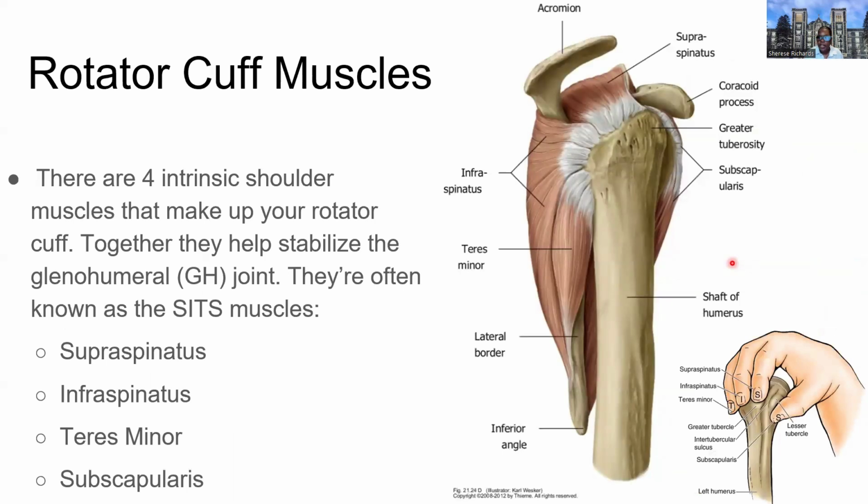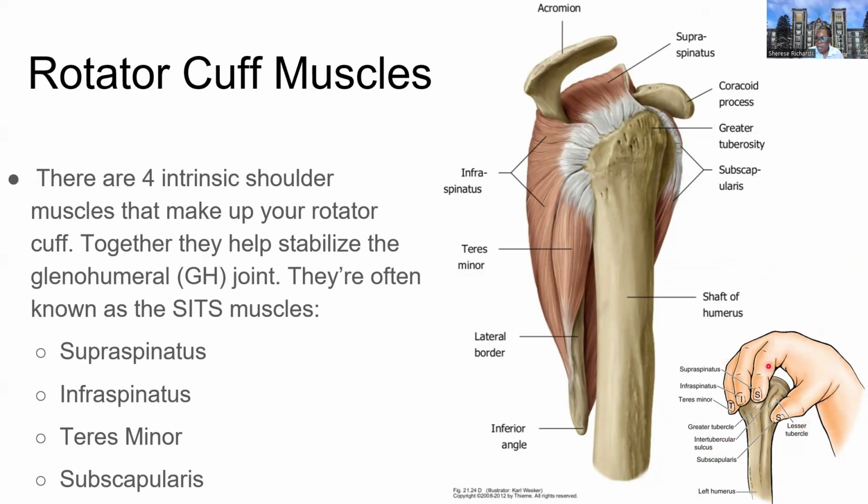Let's look more closely at the rotator cuff. The rotator cuff are 4 shoulder muscles that help to secure the glenohumeral joint. And if you think about the way that they actually strap the humerus into that joint, the head of the humerus into the glenoid cavity, they kind of act like if you had your fingers wrapped around the humerus, the very same way we see in the image here.